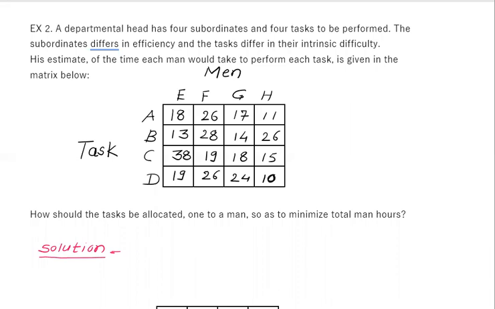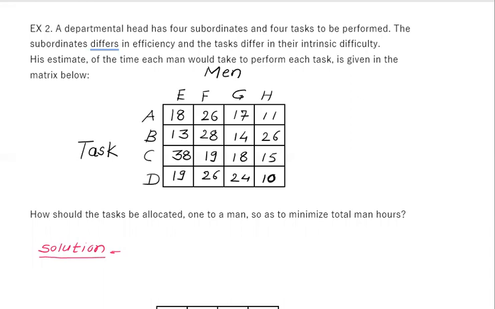There are 4 jobs to be performed. The subordinates differ in efficiency. So the efficiency of the 4 different persons is different, and the tasks differ in their intrinsic difficulty.